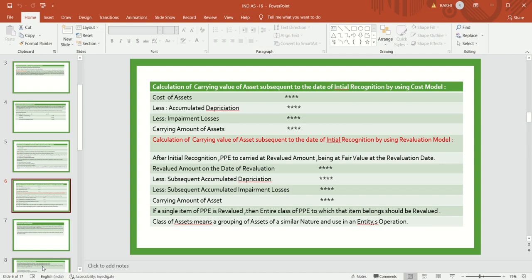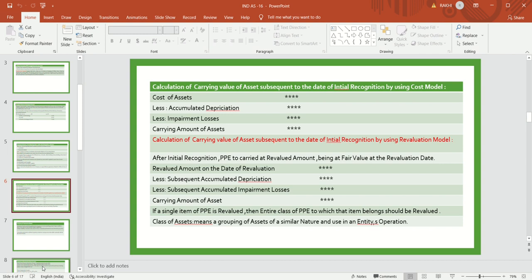Revaluation means the company can revalue its asset at fair value at certain intervals, not very frequently. If the company's policy or terms and conditions say that the company can revalue its asset every 3 years or 5 years, then they can revalue its asset at every interval of 3 or 5 years.